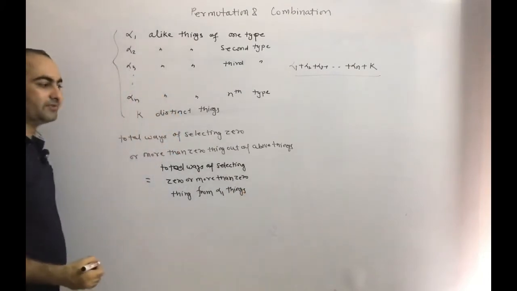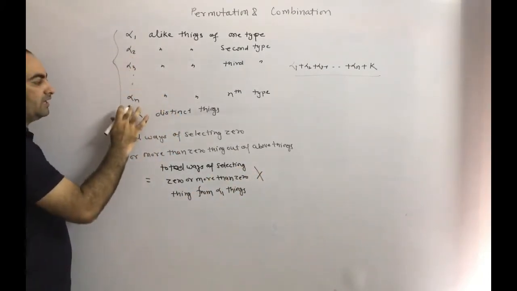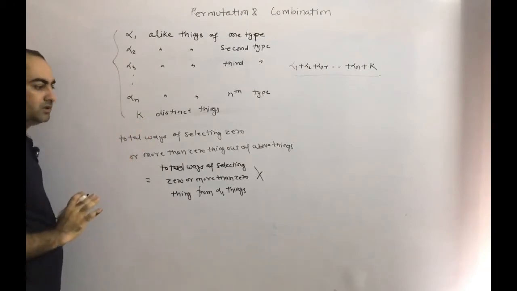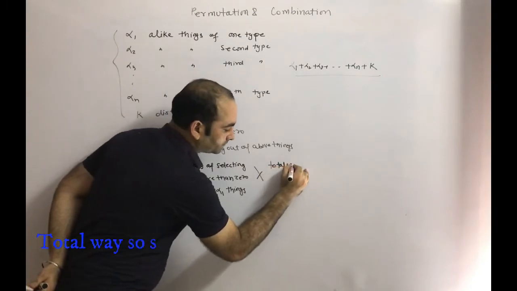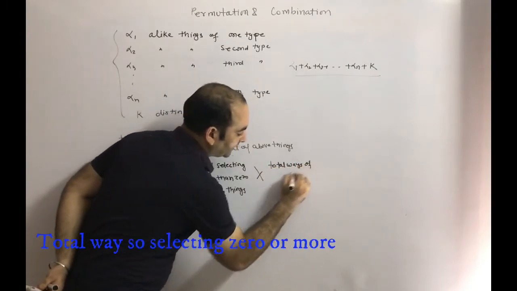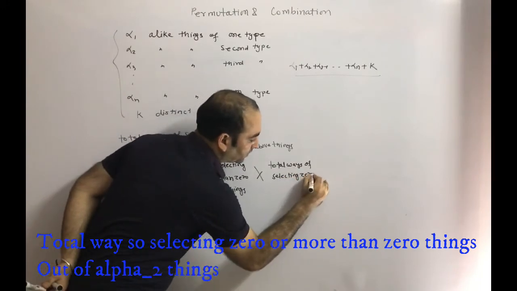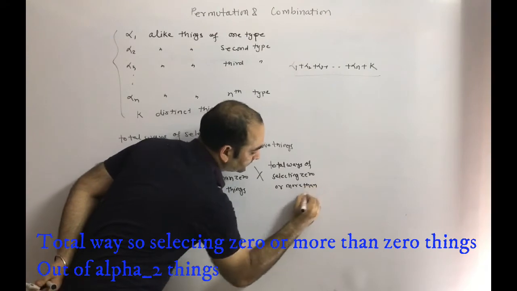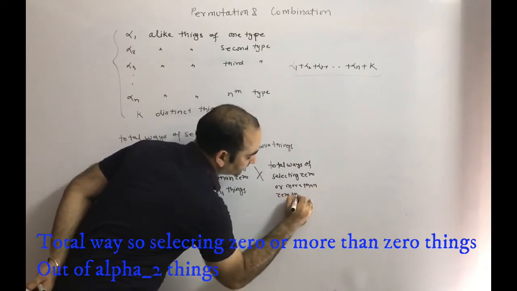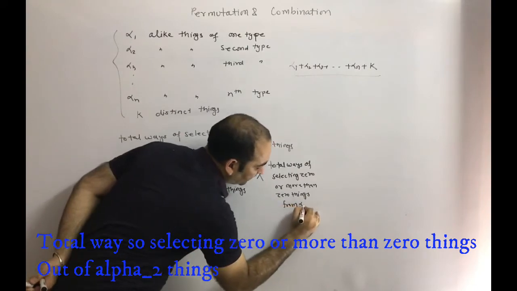After that you have to multiply, because you want from alpha 2 also, alpha 3 also, and alpha n also, and k also. So we have to multiply total ways of selecting 0 or more than 0 things from alpha 2 things.